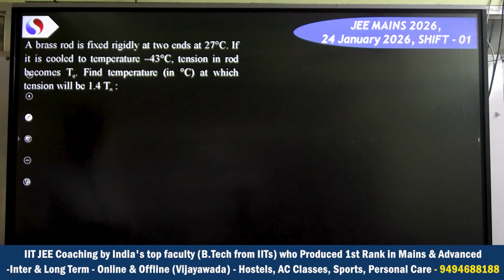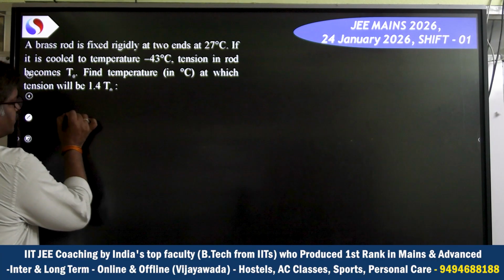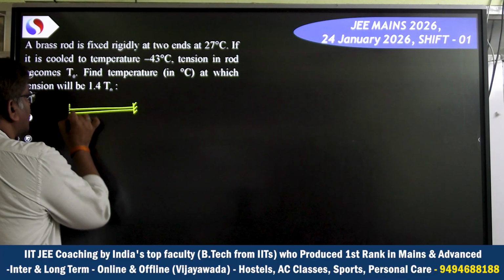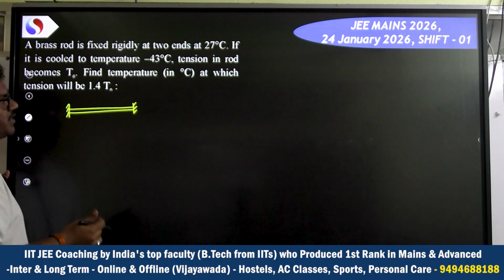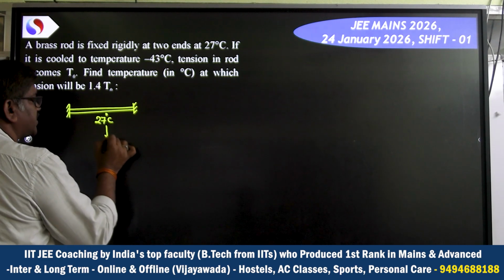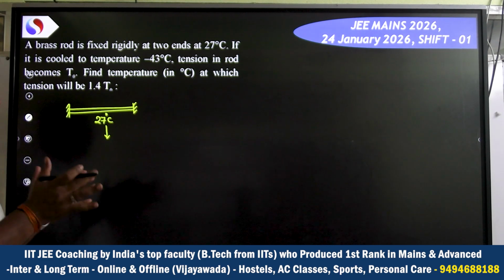Now next question. A brass rod is fixed rigidly at the two ends. Okay, so there is a rod which is fixed at the two ends. Suppose it is at natural length at 27 degrees centigrade. Now, if the temperature is decreased, it tries to compress.